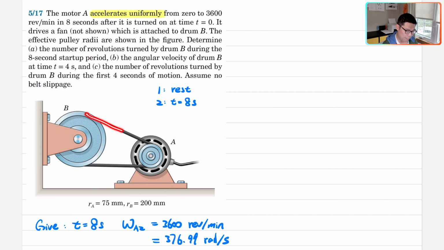And we also know A and B are connected. If A and B are connected with the same belt, or essentially they are touching, what does it mean? While I'm writing this down, you can think about it for a moment. We know A and B are connected.